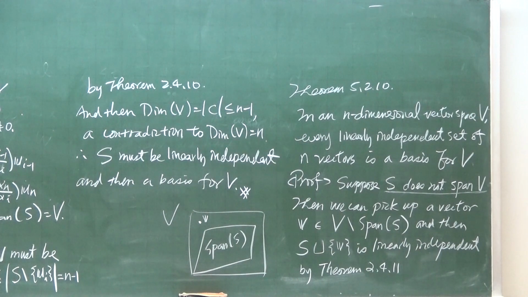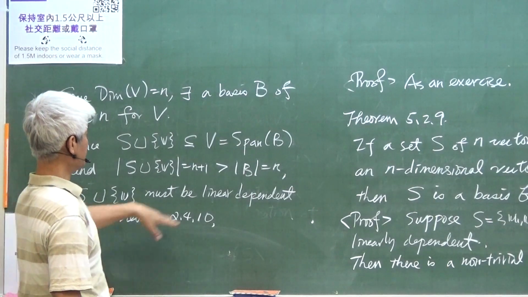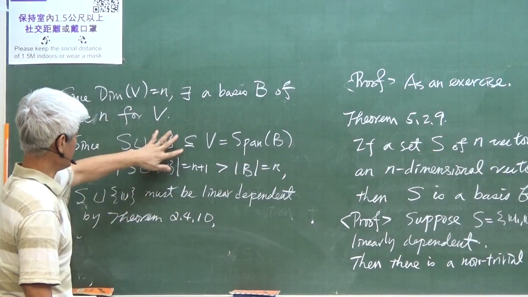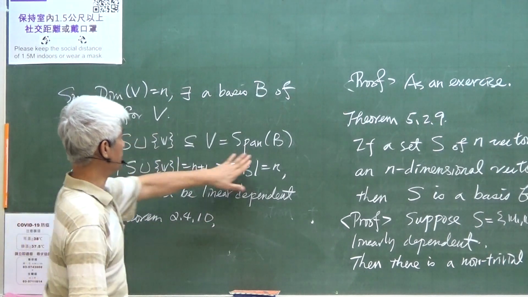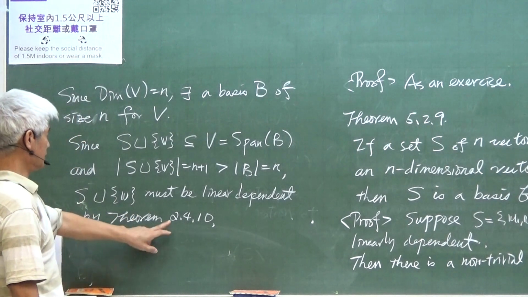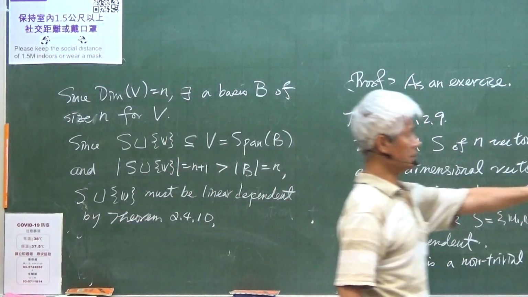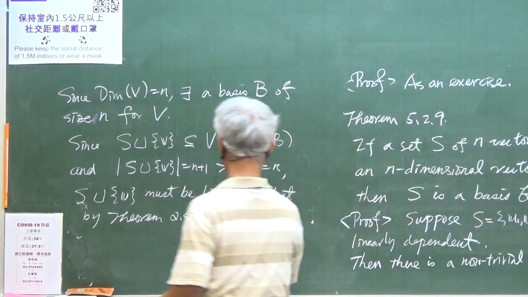Right? By theorem 2.4.10 again. Because B is a spanning set and the size of B is n, and this set has more elements than the spanning set B. So by the theorem, this set must be linearly dependent. So it's a contradiction to our construction here. So we get a contradiction.